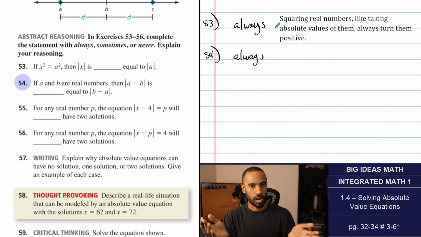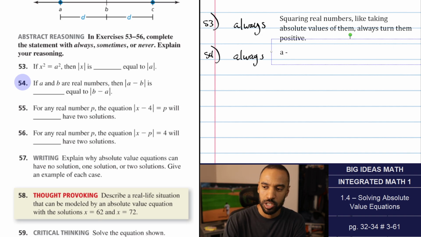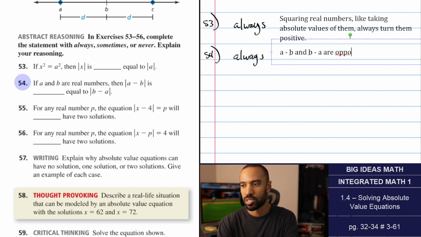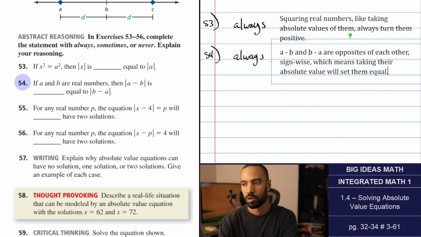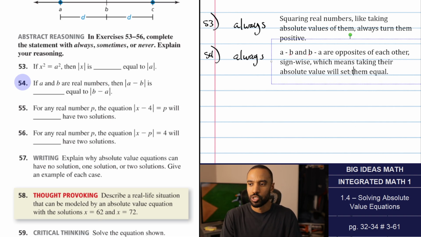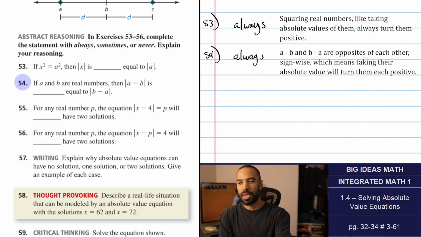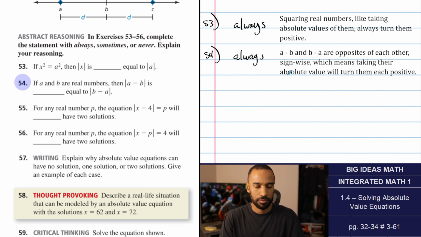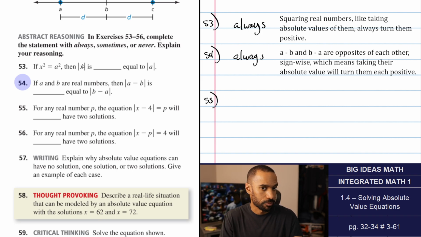A minus B and B minus A are opposites of each other sign-wise, which means taking their absolute value will set them equal, because it'll turn them each positive. And again, that's not the definition of absolute value, but that positive aspect is not a part of what we're doing, though, right?